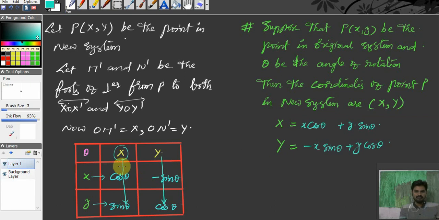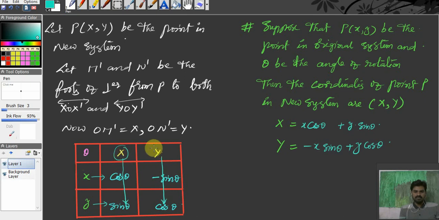Okay, so these are the formulas. The first thing is you have to remember this table. Using this table, capital X is equal to x cos theta plus y sin theta. You have to take it column wise. To find the capital X value and capital Y value, you take the column of capital X and the column of capital Y. In the column of capital X, cos theta and sin theta are there, and cos theta is multiplied by x, sin theta is multiplied by y, and adding both of them you get the capital X answer.